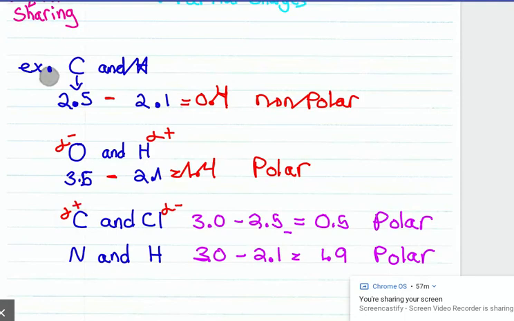And if you were drawing it to look like they were bonded together, nitrogen and hydrogen are bonded like this. Nitrogen becomes partially negative, and our hydrogen becomes partially positive.